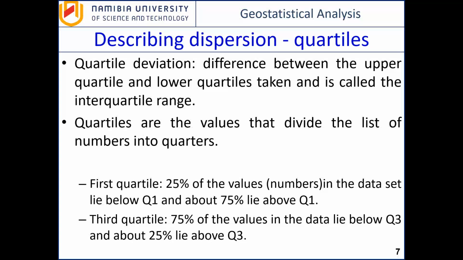If we divide the upper block and the lower block into two again, these are the quartiles. The first quartile is the first 25%, the third quartile is the first 75%, and the second quartile is the median. Okay.